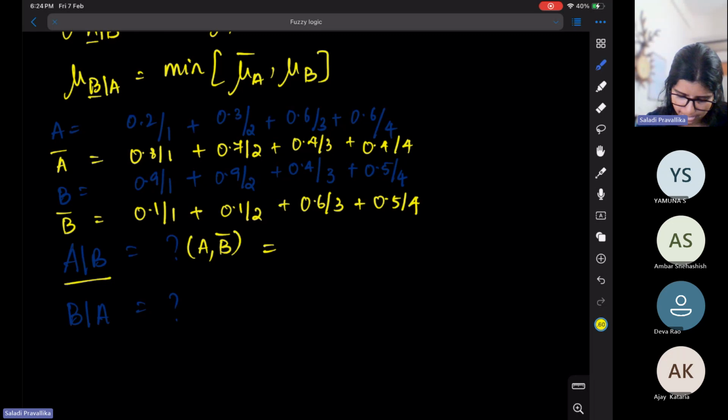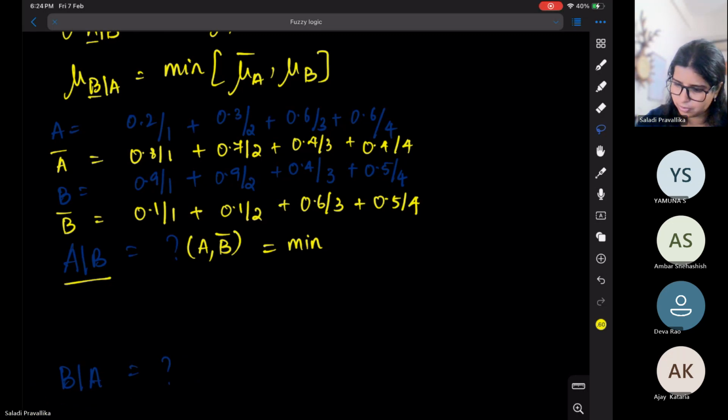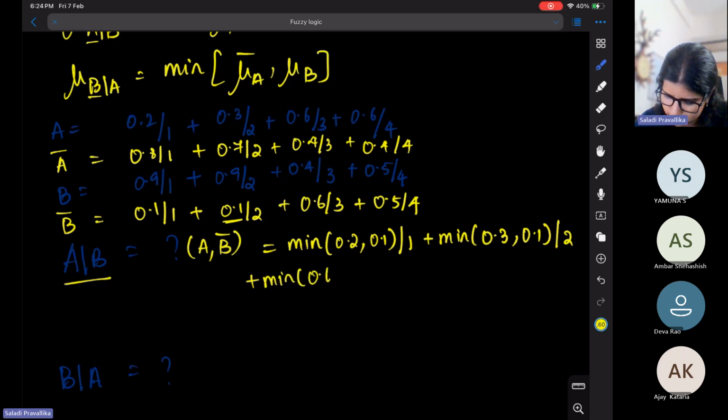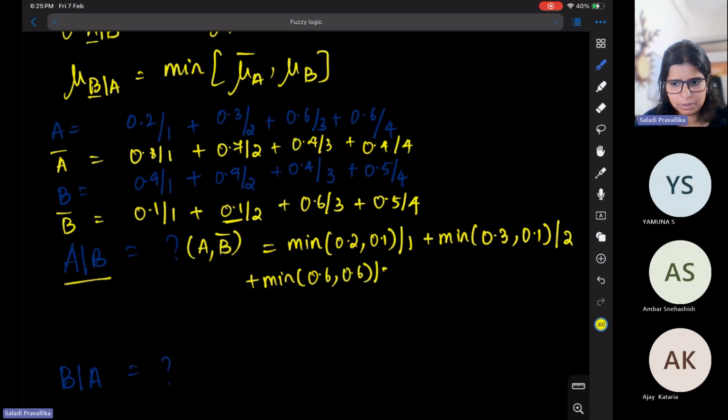So which is equal to minimum of A, that is 0.2, and B bar, that is 0.1 for x equal to 1, plus minimum of 0.3 and 0.1 for x equal to 2, plus minimum of 0.6 and 0.6 for x equal to 3, plus minimum of 0.6 and 0.5 for x equal to 4.